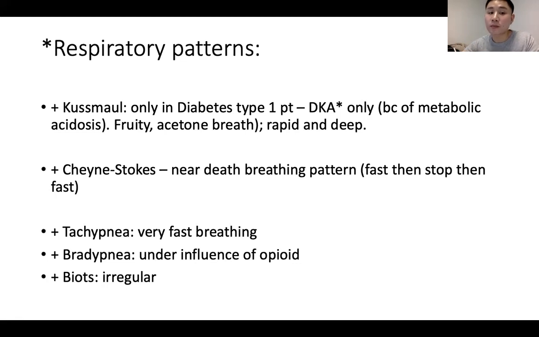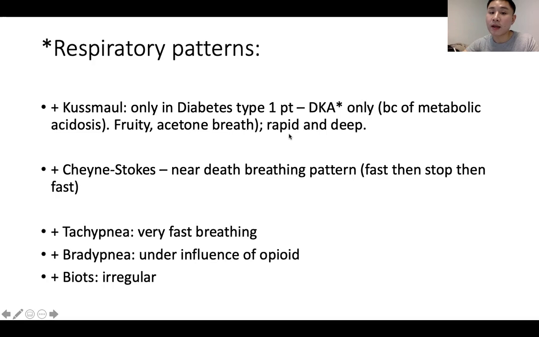The patient in DKA will have a very fruity acetone breath, and the Kussmaul respiratory pattern is rapid and deep. The patient will breathe very fast and very deep, not shallow and rapid, it's rapid and deep.